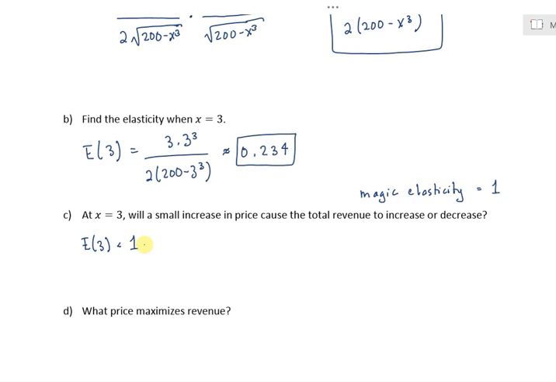Low elasticity of demand means that the price doesn't affect demand very much. So raising the price will get more money. It will increase our revenue because people won't really buy that much less, but we'll be charging them more for it. So that's good for us.